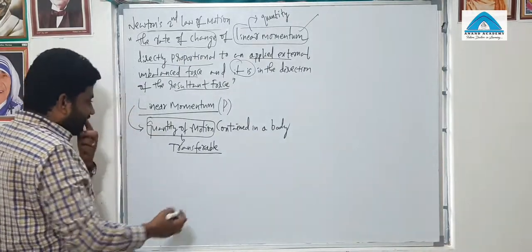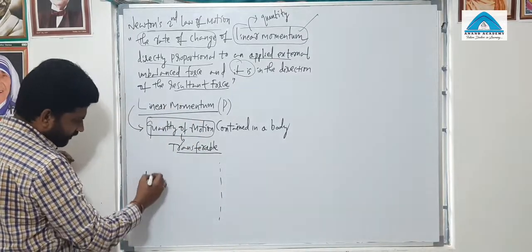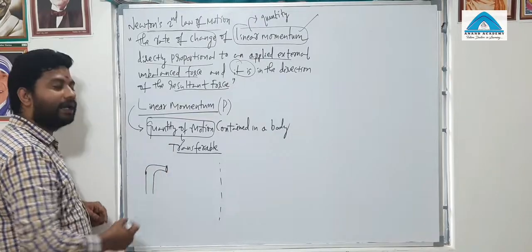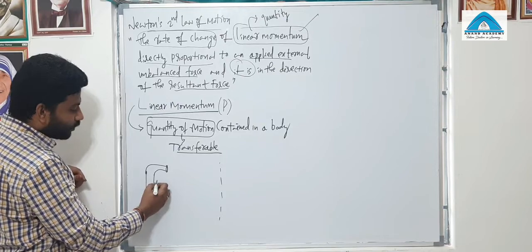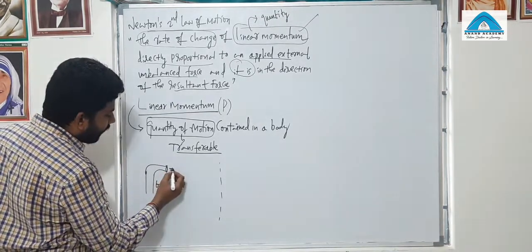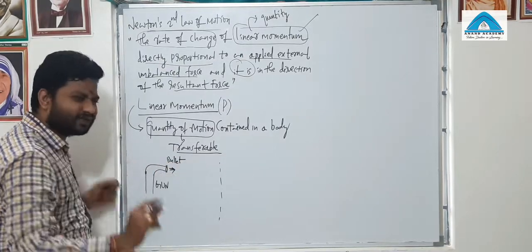Alright, are you ready? Now let's see the example here. I have two cases. In the first case, for some time you need to imagine this is a gun. Don't think it's a small pipe; imagine that it's a gun. A bullet will be coming out of this gun. Imagine this is the bullet, and you know the mass of the bullet.